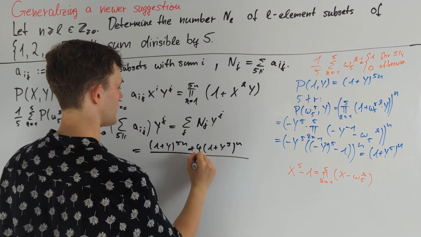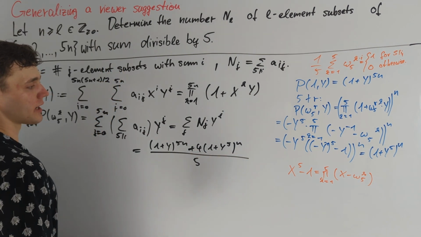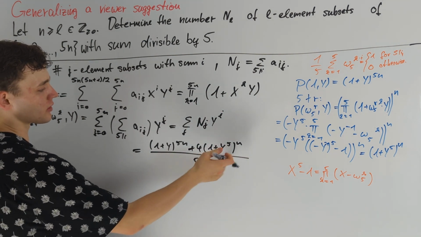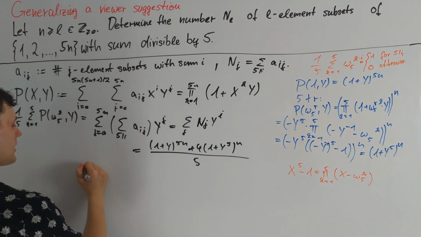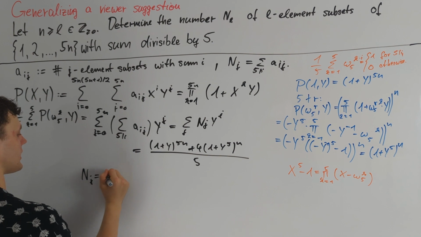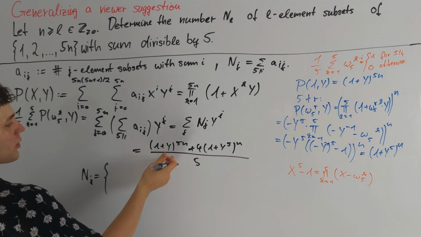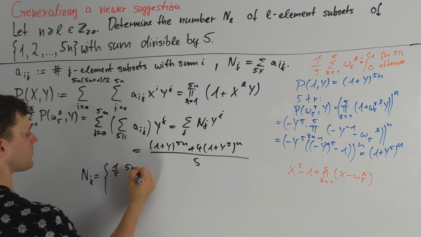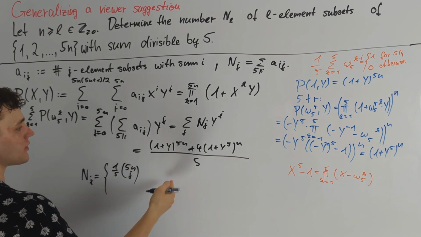And finally, we divide by 5. Therefore, we get for our final answer n_j as the coefficient in front of y^j here. And thus, n_j is equal to 1/5 times (5n choose j), if j is not divisible by 5.